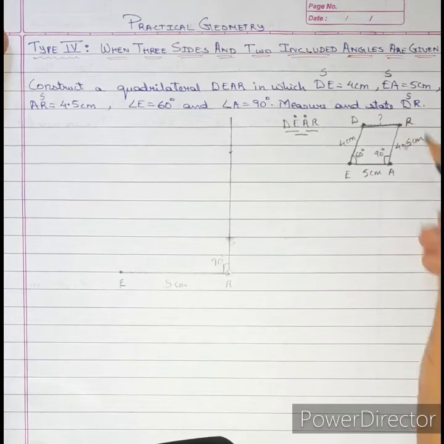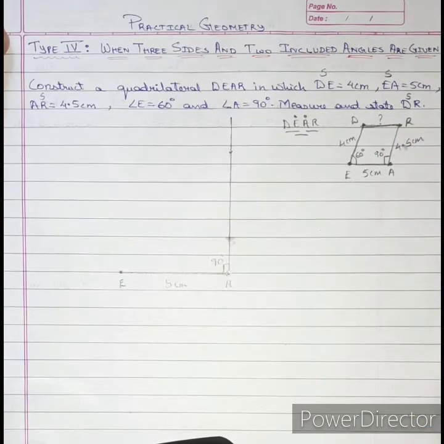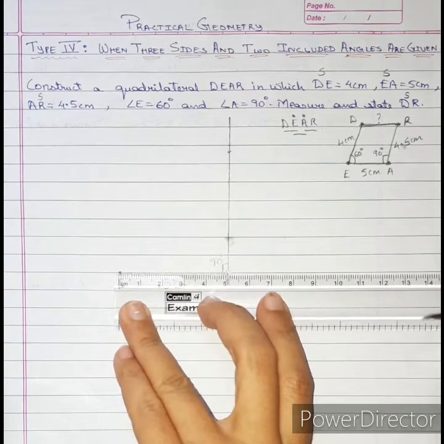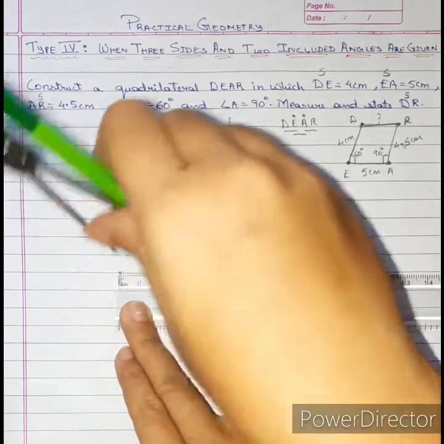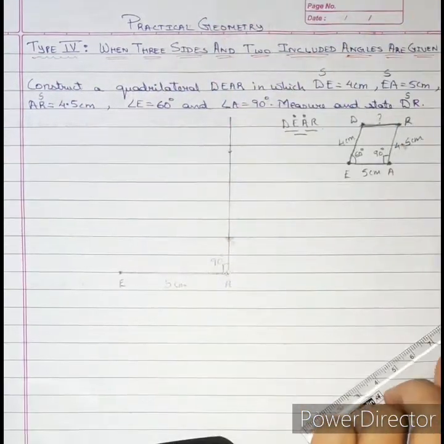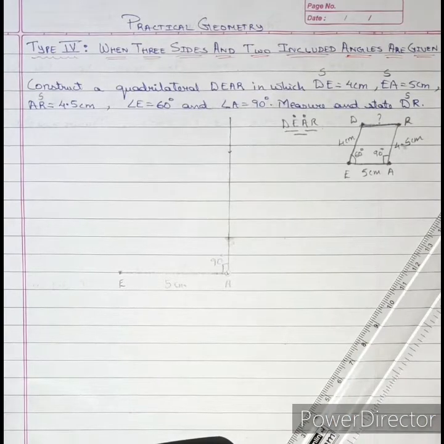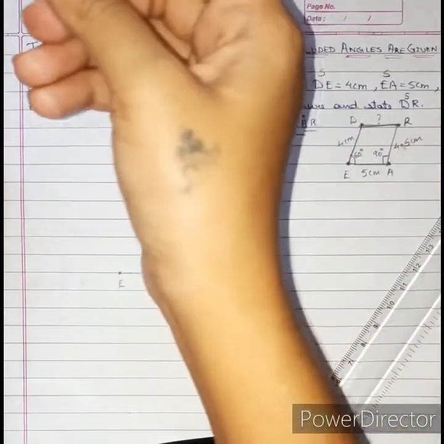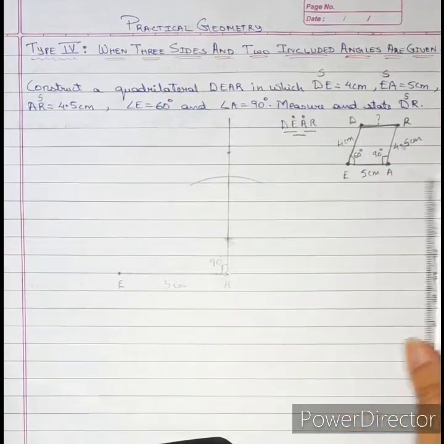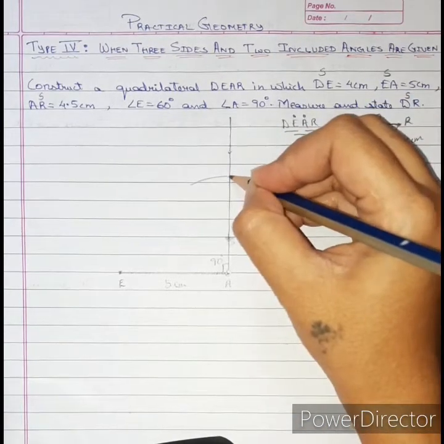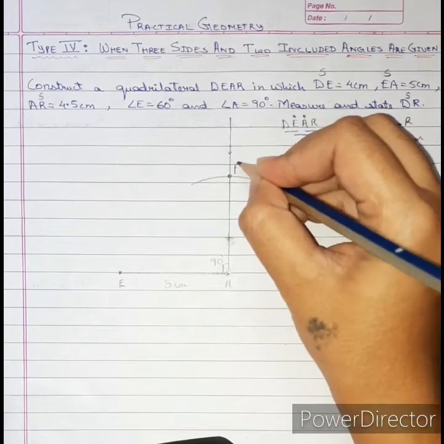Let us mark point R by 4.5 centimeter distance from A. So take the measurement, 4.5. Taking 4.5 from point A, cut the arc. The arc is cut on the line of the angle which we have drawn earlier. So we have our next point here, intersection point, that is R.